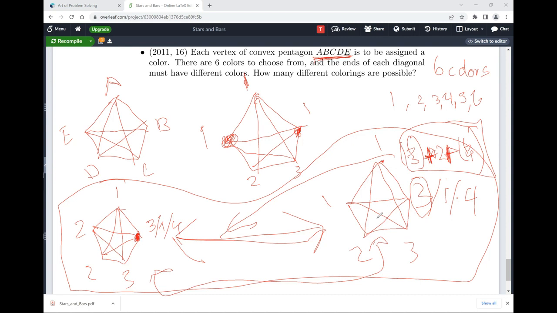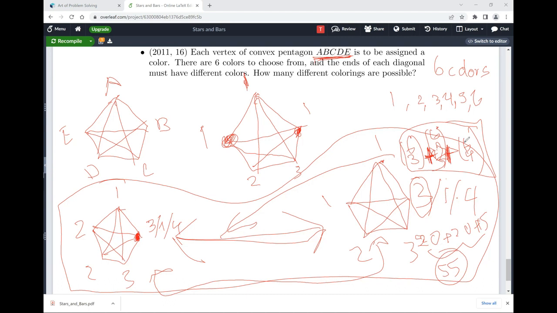And 6 choose 3, if you don't know, is 20. 20 plus 6 choose 4, which is 15. So this makes 55. That's one case.